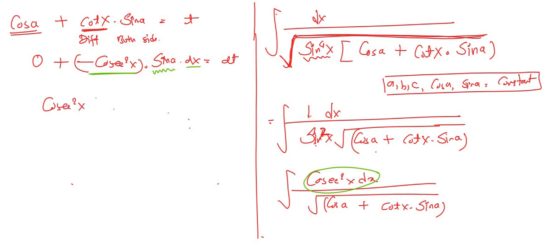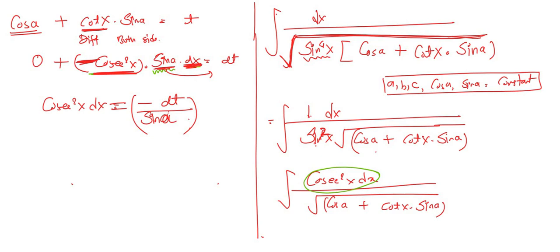So what can I write? Cosec square x dx is minus dt by sine A. I'm sorry, this is sine A. I am taking it to the other side. Correct? I hope you got it. What I did is I kept cosec square x dx on this side only, minus, and this I am taking to the other side.